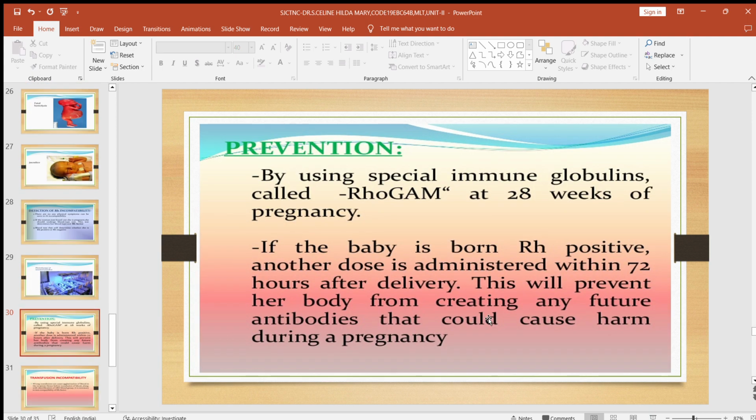Prevention: by using special immune globulins called RhoGAM at 28 weeks of pregnancy, we can minimize the hemolytic disease. If the baby is born RH positive, another dose is administered within 30 to 72 hours after delivery. This will prevent her body from creating future antibodies that will cause harm during pregnancy.